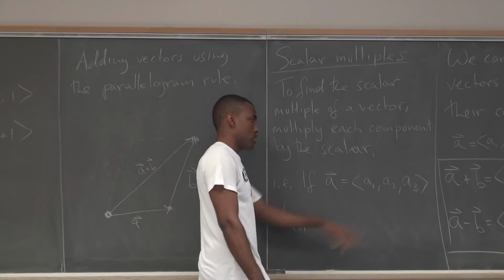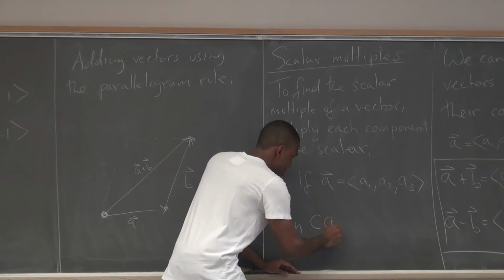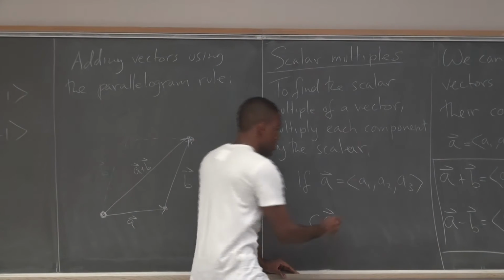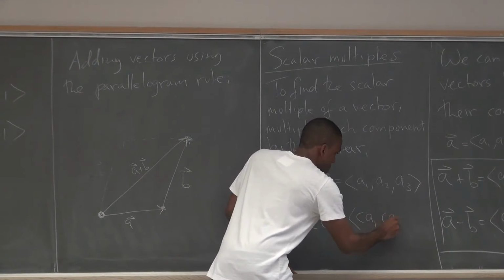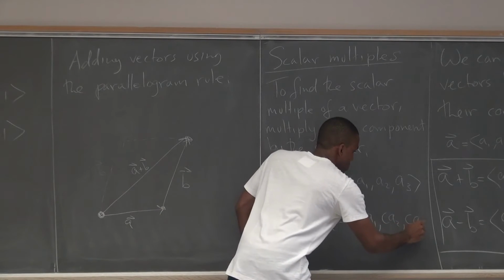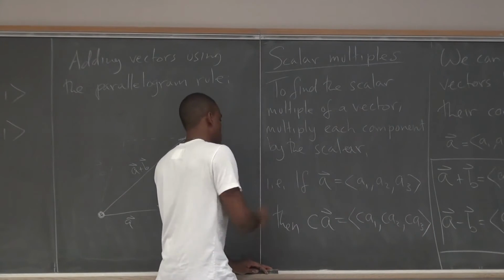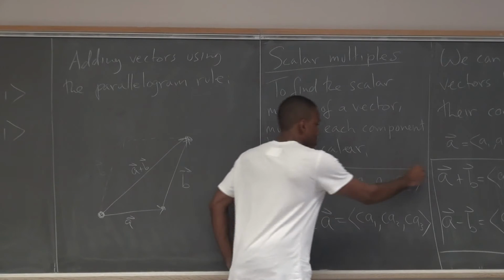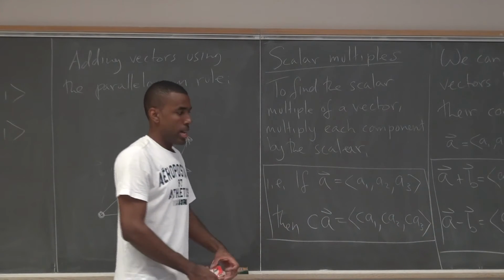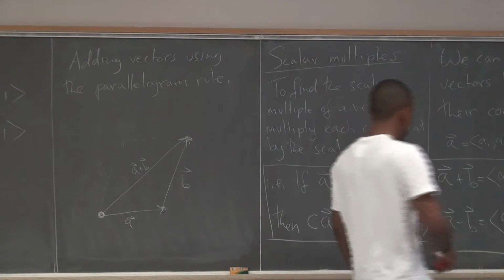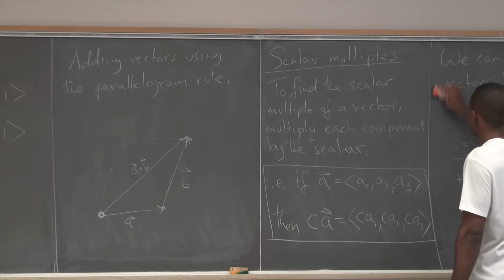So if A is this, then if I take C times A, where C is a scalar, it would just be C times A1, C times A2, C times A3. You should know how to algebraically find the scalar multiple. You just multiply the components.